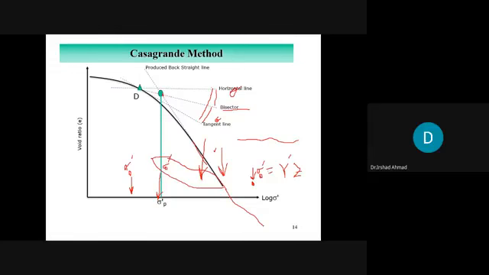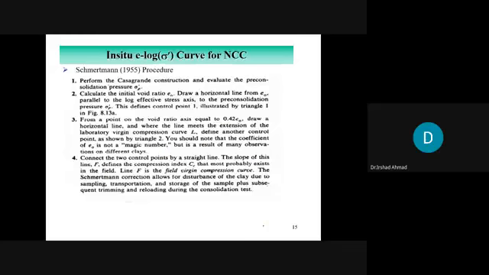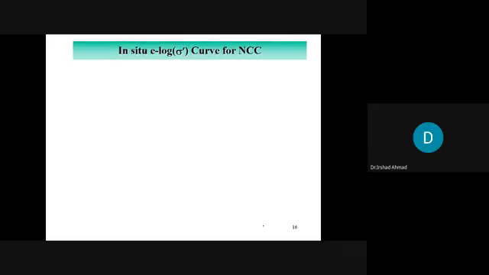For this, we do separate correction for normally consolidated clay and separate correction for over consolidated clay, right? So let's start first with the field correction for the normally consolidated clay.